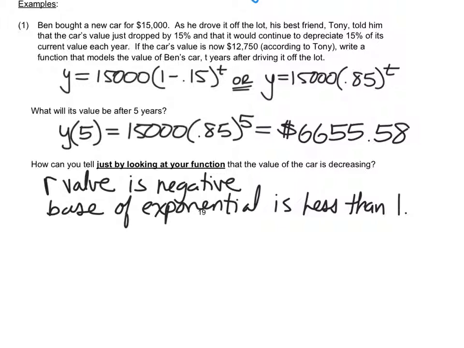All right. But you could also take note, you look at a situation like this and you say, okay, I want to try to hang on to the car for a certain number of years, let's say you want to hold on to it from 5 to 10 years, somewhere in that neighborhood, but you want to be able to get the most bang for your buck when you go to sell it, all right? So if that's going to happen, you might consider a function like this, but then you also have to consider the condition of the car, right?